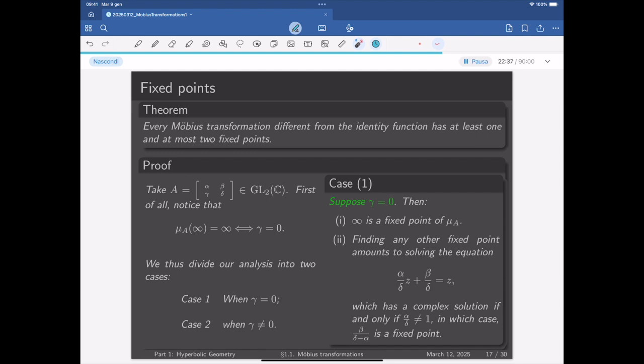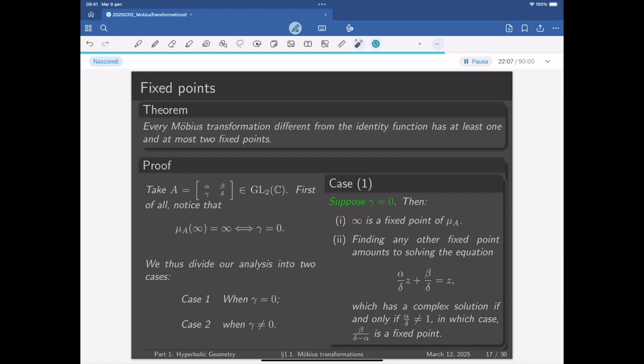Why does it have to be the identity? Because it fixes 3 points. So this theorem already tells me that if you have 2 Möbius transformations that agree on 3 points, then they have to be the same. Now the proof is basic elementary algebra.